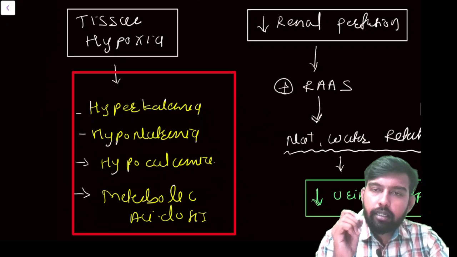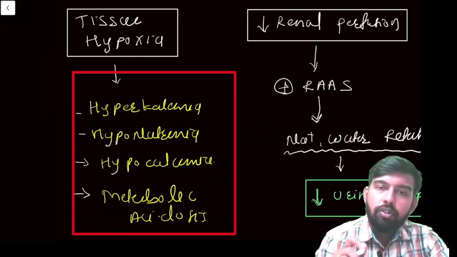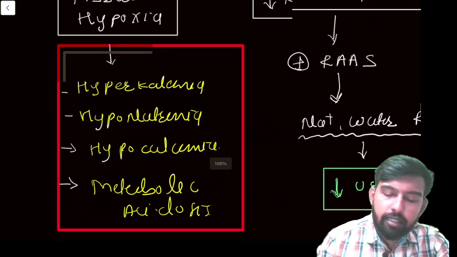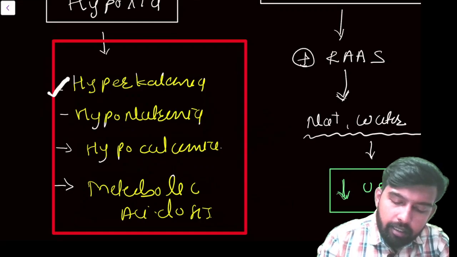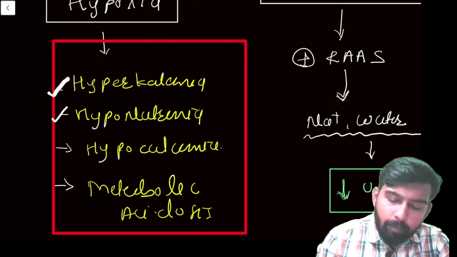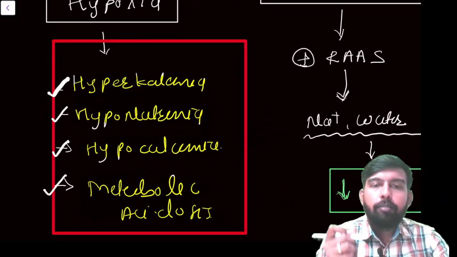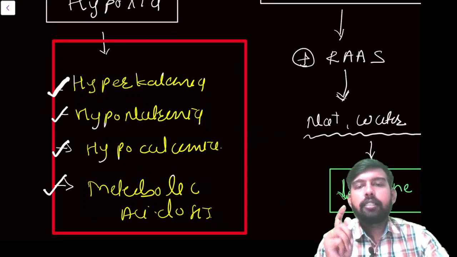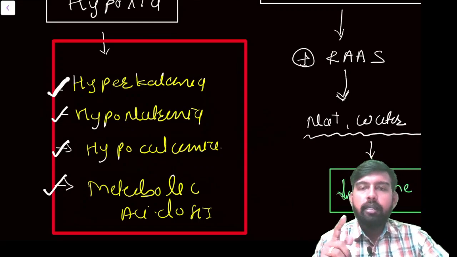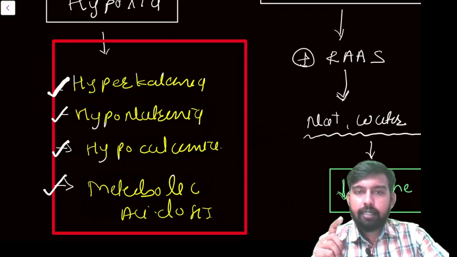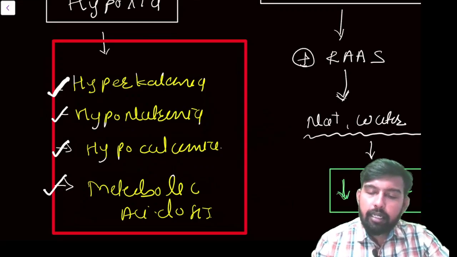At the cellular level, because of the shock, there is cell death and lysis of the cell, which ultimately results in hyperkalemia, hyponatremia, hypocalcemia, and metabolic acidosis. Metabolic acidosis is due to anaerobic respiration leading to the byproduct lactic acid, which causes metabolic acidosis.